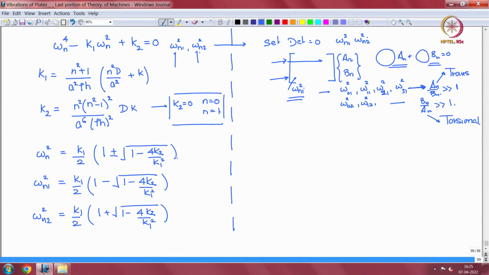Okay. So it is interesting that no frequency is saying only transverse, and no equation is saying only torsional. That means in one case an should be 0, in the other case bn should be 0. No, both are non-zero. Okay. But in one case an is much bigger, in the other case bn is much bigger.